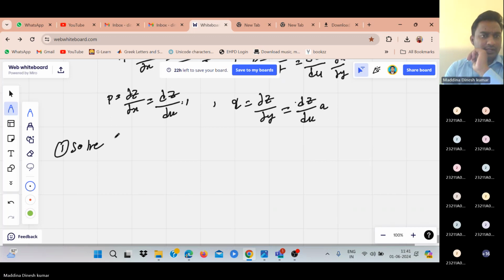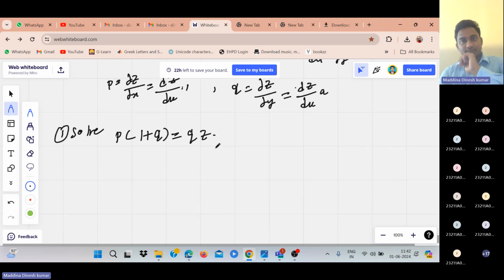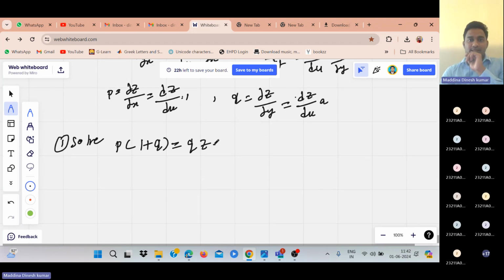Solve p into 1 plus q equal to qz. Consider it as equation number 1.